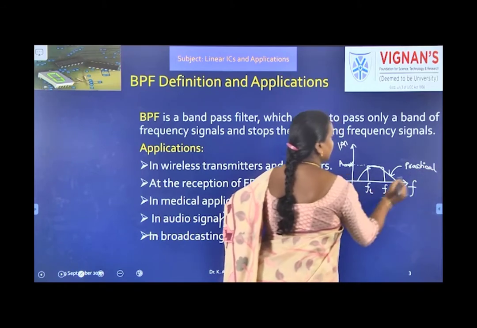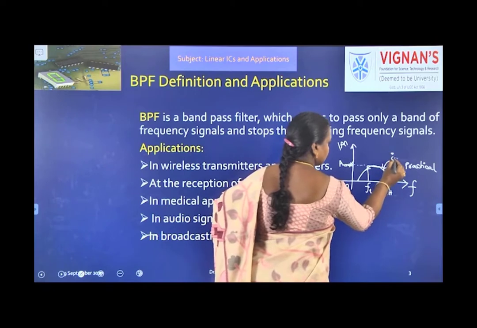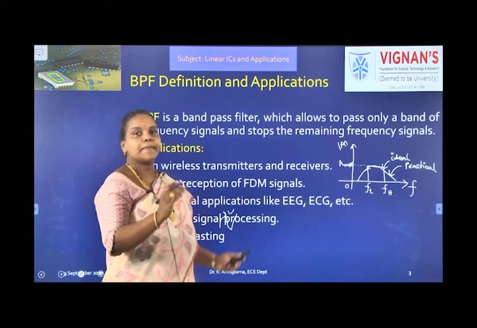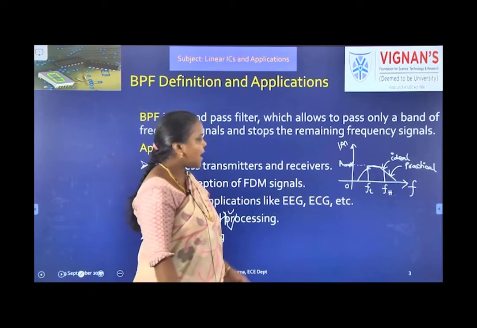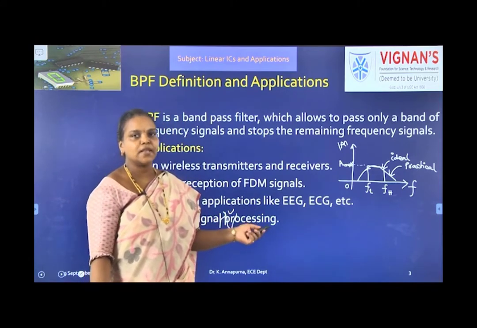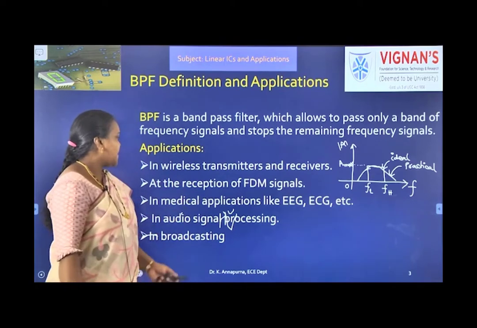Practical response will be somewhat different from the ideal. It is allowing a band of frequencies and stopping the remaining frequency signals. And at cutoff frequencies, the gain will be 1 by root 2 times the maximum gain in the practical case. So, that is bandpass filter.